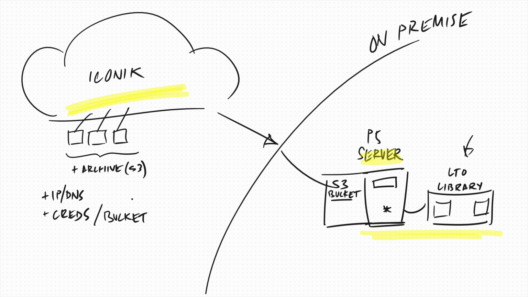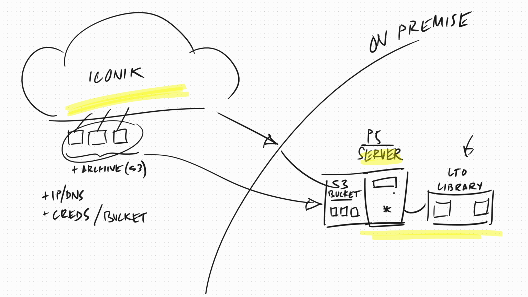And with that set up, we'll be able to select these assets and indicate that we want to archive them to our P5 server. They will then be transmitted to the bucket using the standard S3 protocol. So those three assets will now be in the P5 hosted bucket down here.